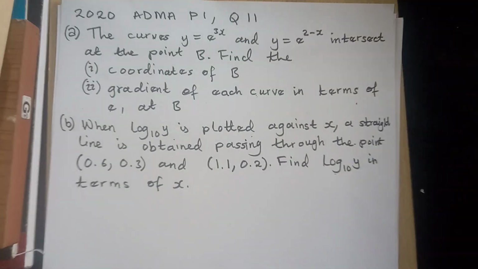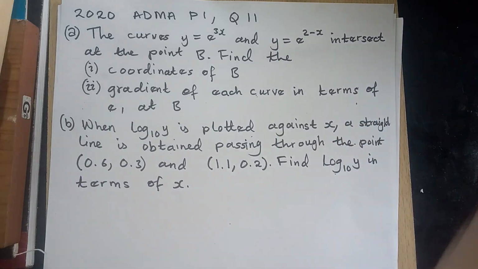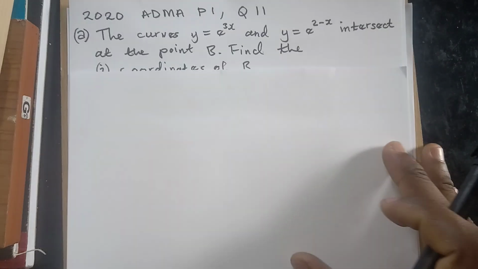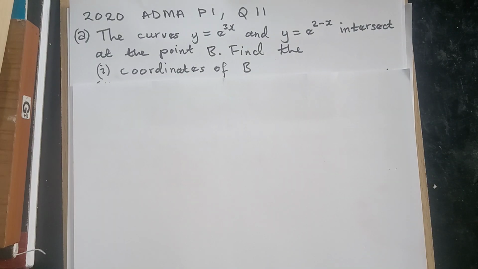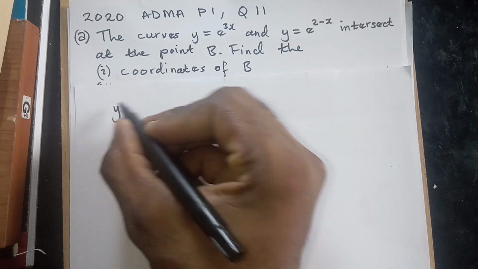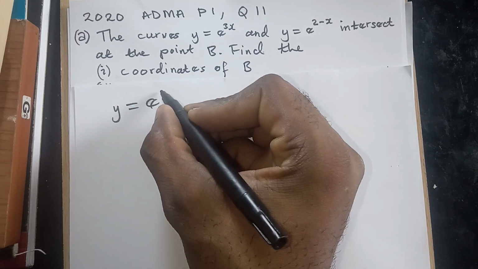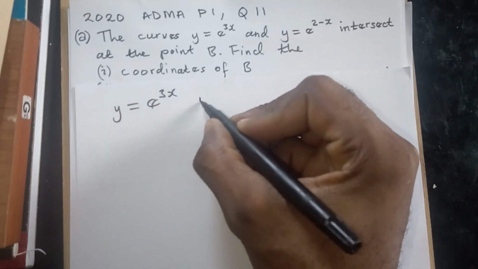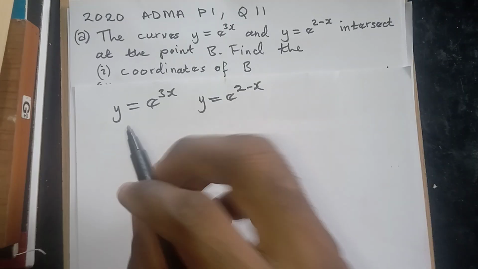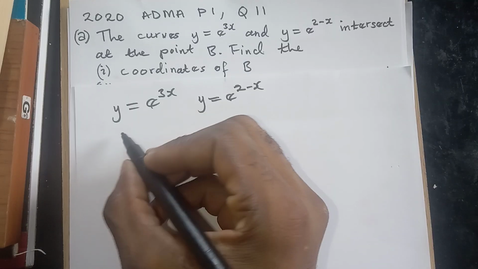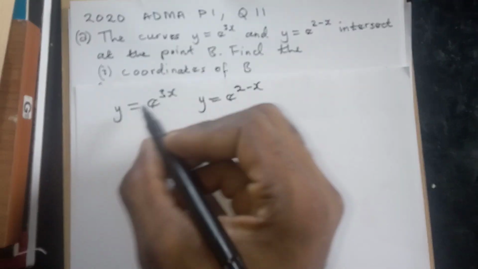So to find the coordinates of B, coordinate geometry tells us that we can simply solve the two equations simultaneously. So we have this and this. Now let's solve these two equations simultaneously. I'll use the substitution method.